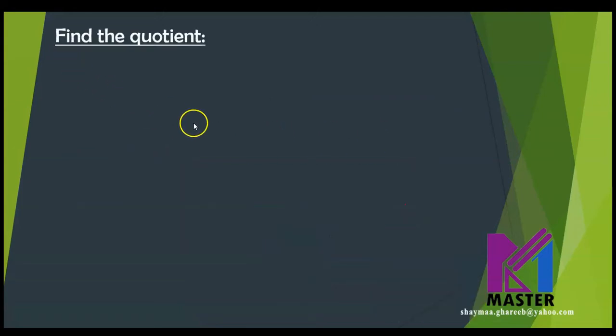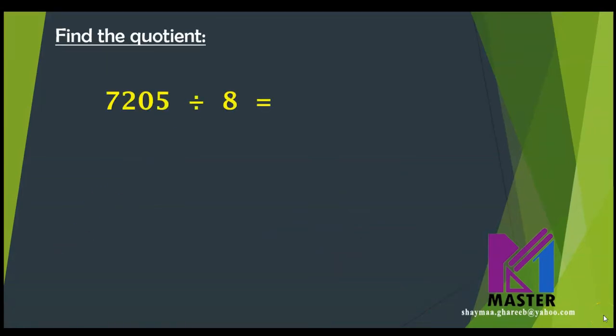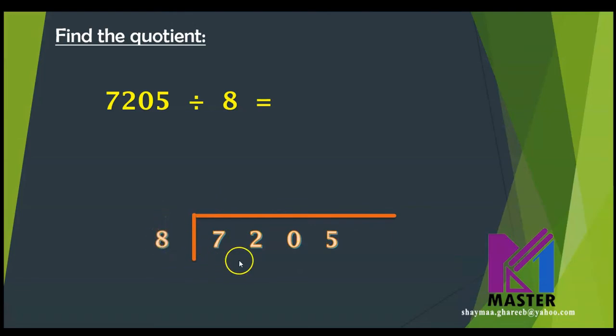Now, one more example. 7,205 divided by 8. Let's start writing the division sign, 7,205 under the division sign, the 8 on the left side.